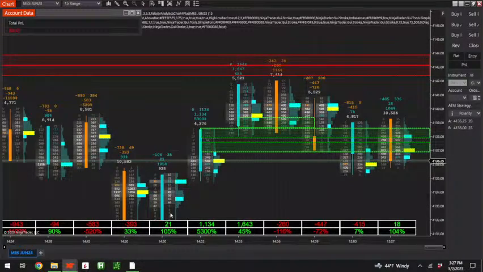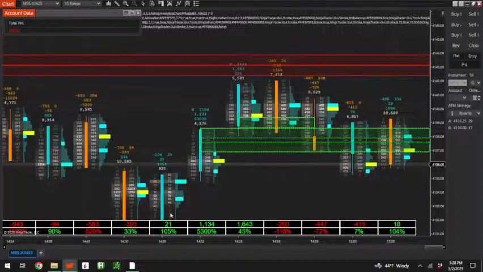And if you get triggered in a trade that's opposite of that, I'm most likely going to exit that trade manually, because I'm not sure what the term is, but I feel like it's called an unfinished auction.